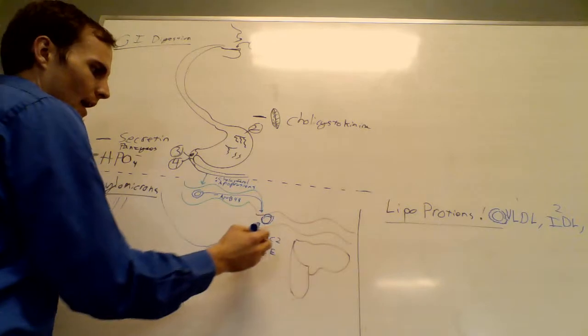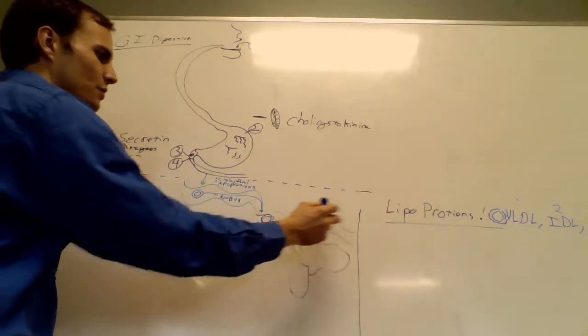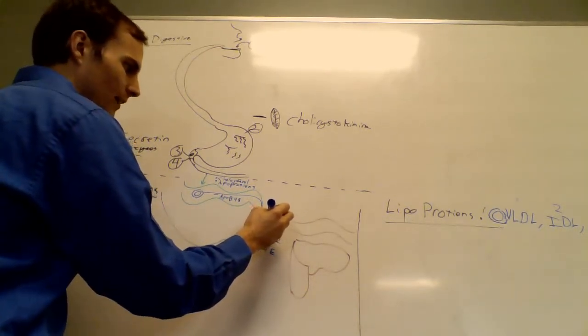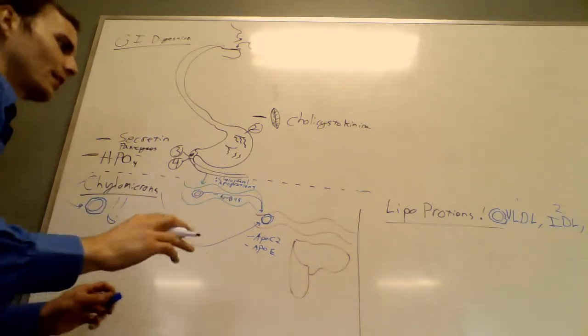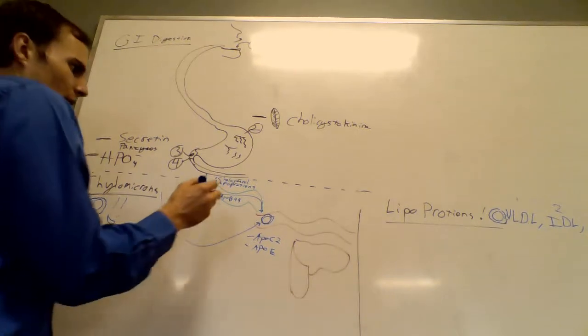HDL actually is the one that delivers them to the chylomicron, because HDL is floating out here, and it shares ApoC2 and ApoE with the new chylomicrons coming in.